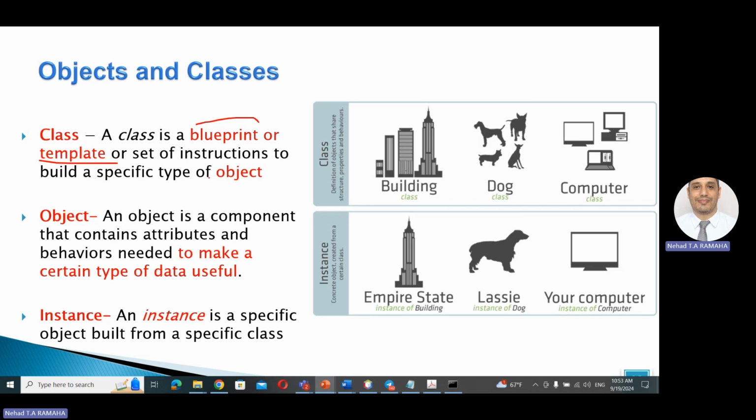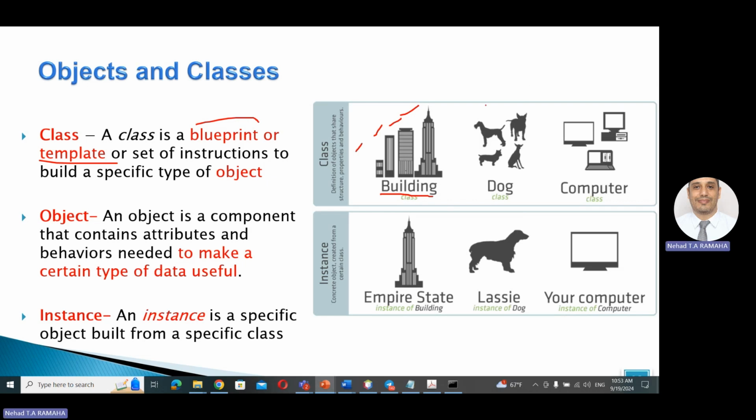Like when we say generally buildings, not the specific building, generally buildings. We have many shapes of buildings. All of these have how many levels, the length of the building, the area, and so on.